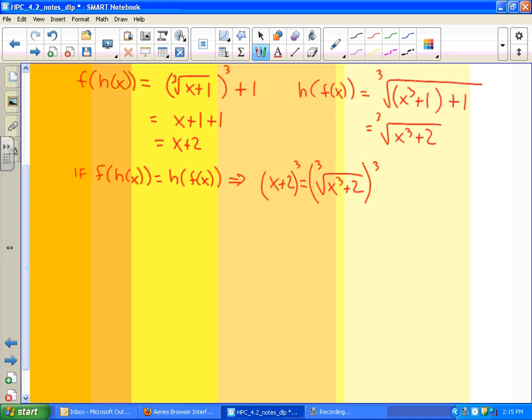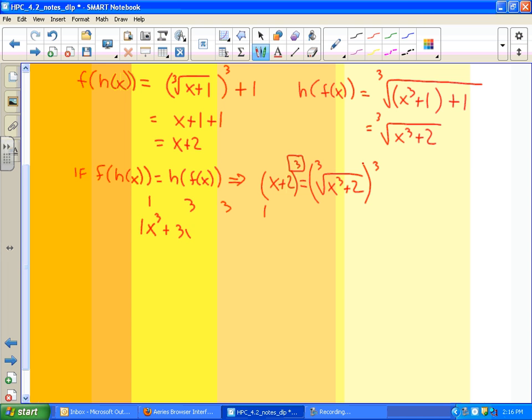If I cube x plus 2, it's like saying x plus 2, x plus 2, x plus 2, or using Pascal's triangle, I have 1 x cubed plus 3 x squared times 2 plus 3x times 2 squared plus 2 cubed. I'm just using Pascal's numbers 1, 3, 3, 1, since I'm in row 3 there.